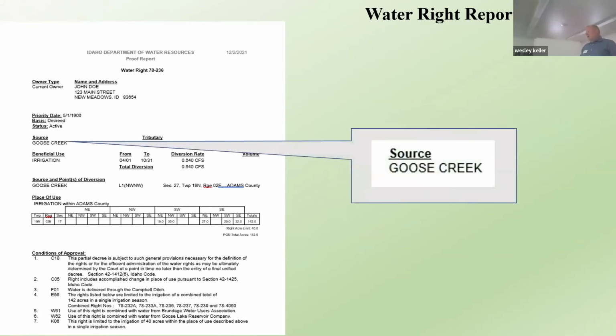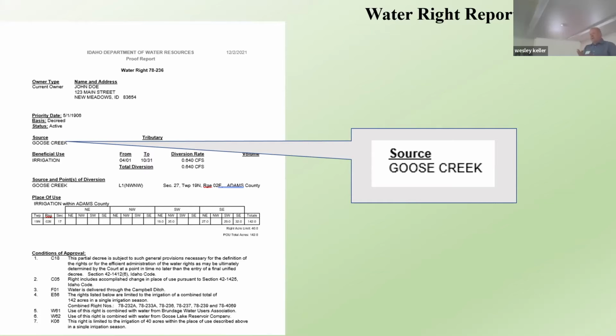Source. Source describes what public waterway it is in its natural source that the water right is diverted from. So the source will always list either the name of the creek or the river or a natural lake, or groundwater for those that are from wells.